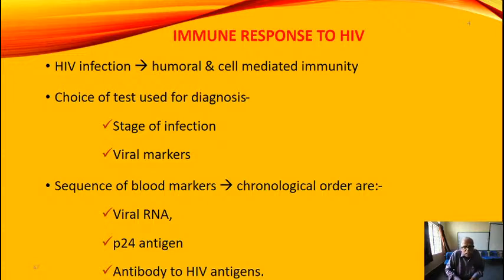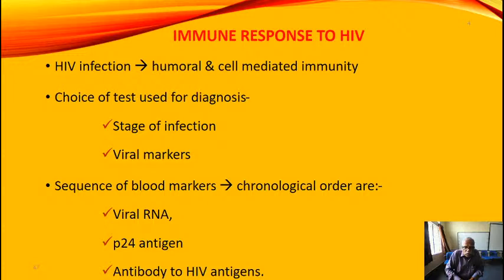That is the reason they will not enter into all the body compartments. For example, in mother to child transmission, you will not see the IgM antibodies in the child because they don't cross the placental barrier.